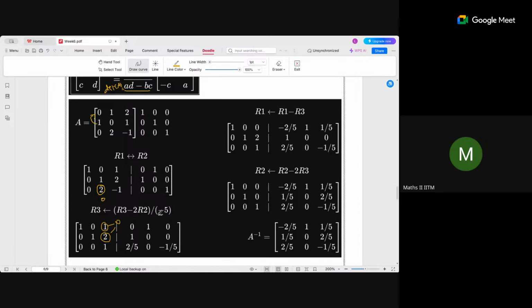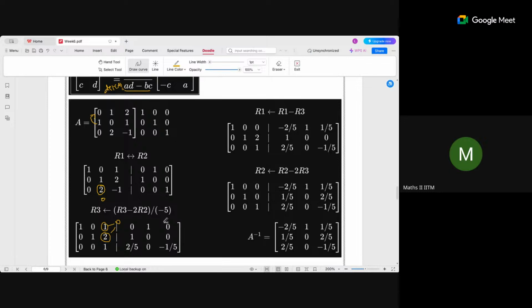Whatever operations I'm doing, remember I have to do it for the entire row, not just for the entries of the matrix alone, but for the identity matrix augmented with it, because this part is what is going to give us the inverse of the matrix. Then we make this also 0: R2 goes to R2 minus 2 times R3. You see that this entry also has become 0.